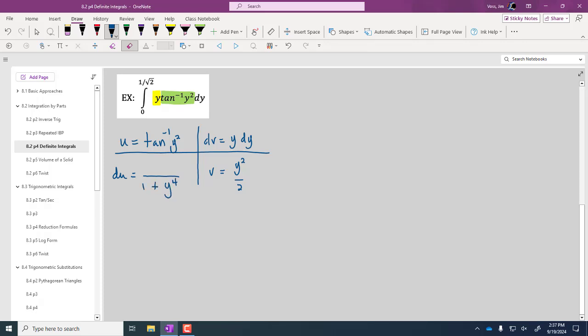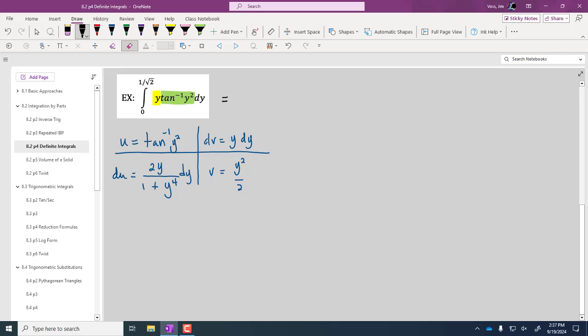Y to the 4th? It's normally 1 over 1 plus the inside squared. The inside is now y squared, so when we square the inside, we get y to the 4th. There's one more step: multiply it by 2y, the derivative of the inside. So the derivative of the inside is 2y. So derivative of arctan is 1 over 1 plus the inside squared. So squaring the inside gets us to a y to the 4th.